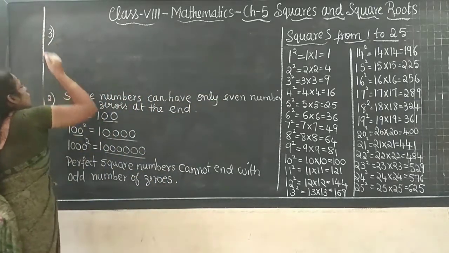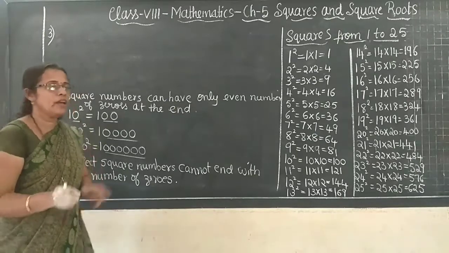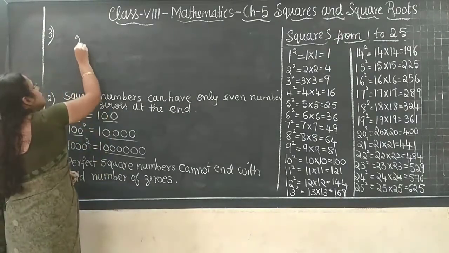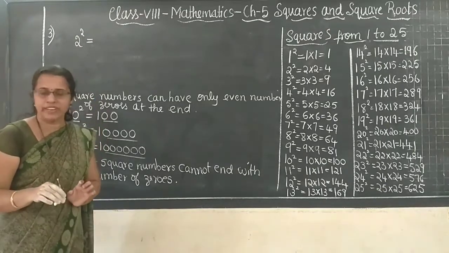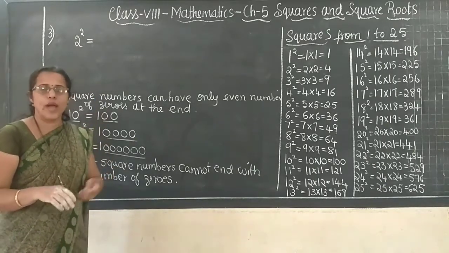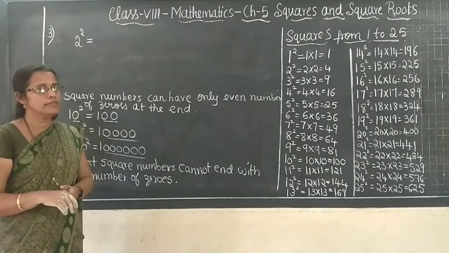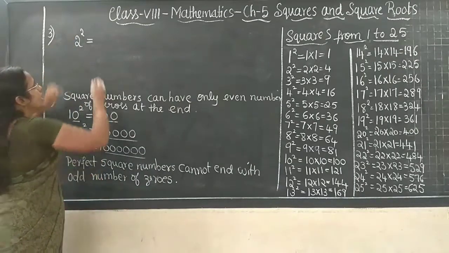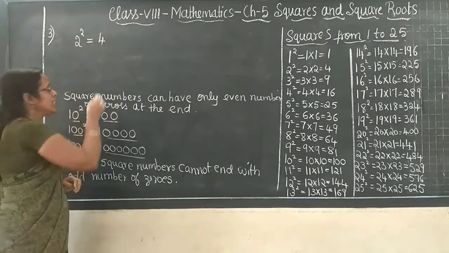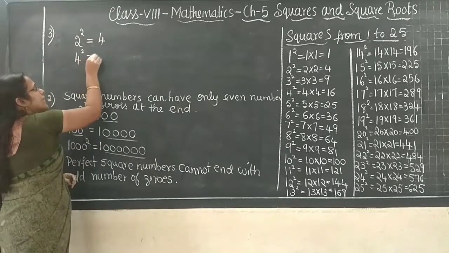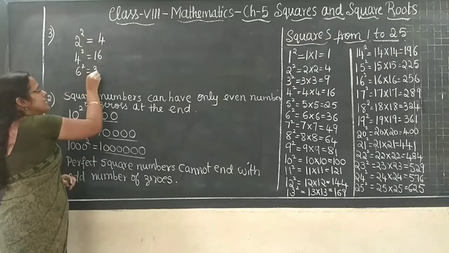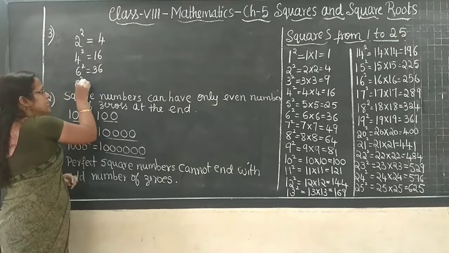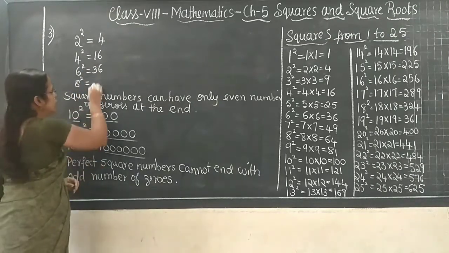Okay, so the third property, I would say, is: let us take even number squares. 2 square. 2 is an even number. What is its square, children? Even or odd? Then 6 square is 36. 8 square is 8 8s are 64.